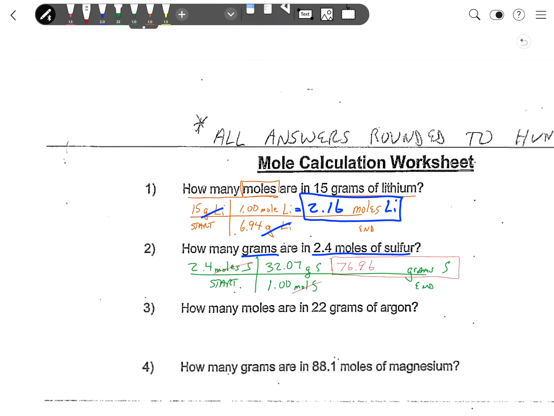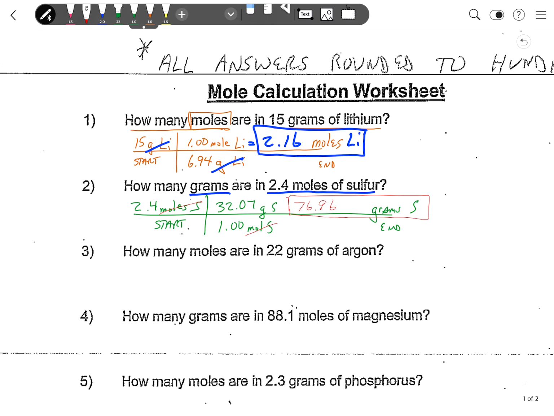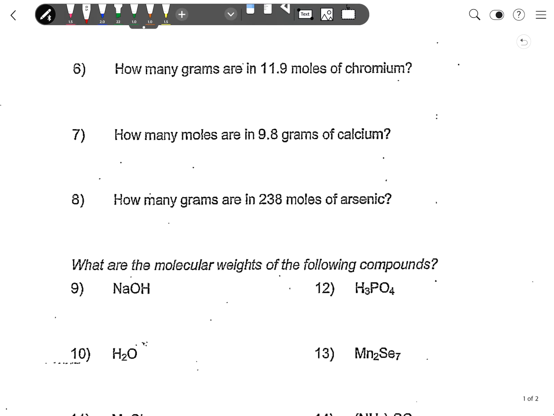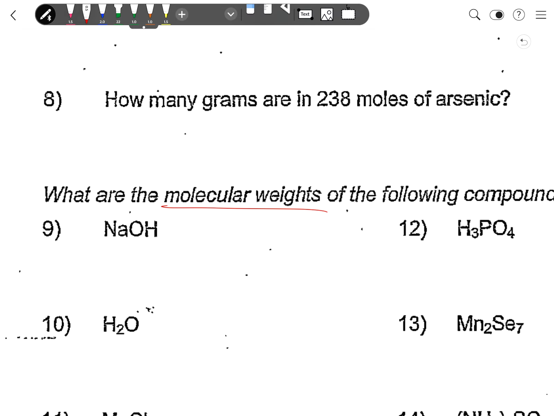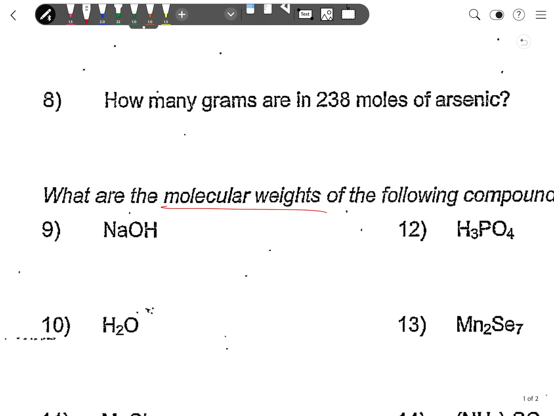For all those problems, all you need to do is find out what you're starting with and what you're ending with, and have your periodic table and your flow chart. There's one more I wanted to do. Down here at the bottom, when you are calculating molecular weights, you're using your periodic table again. I'm going to give you one example, the molecular weight for sodium hydroxide, number 9.